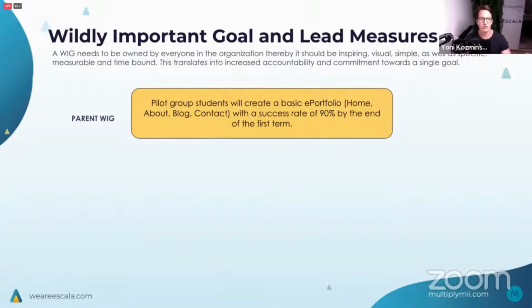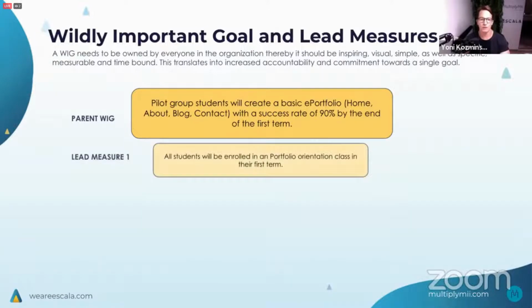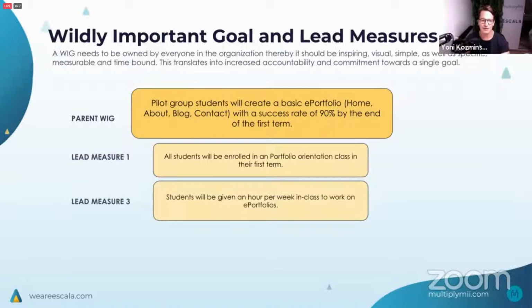So in order to achieve that, you have here that all students will be enrolled in a portfolio orientation class in their first term. So if they're enrolled, then that means they can actually learn and understand and drive toward that parent WIG and that objective as a business here. The next one is that students will be given an hour per week in class to work on e-portfolios.